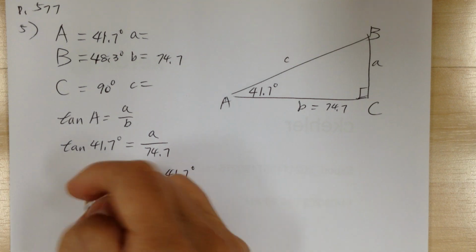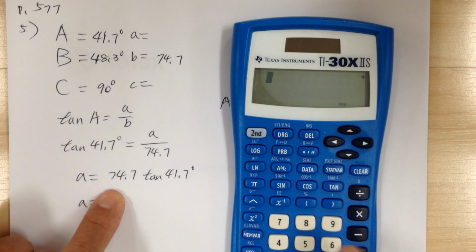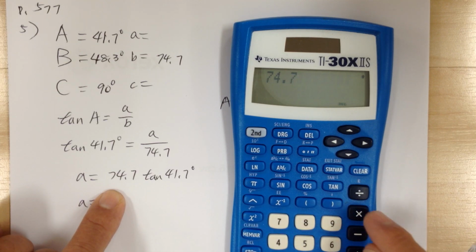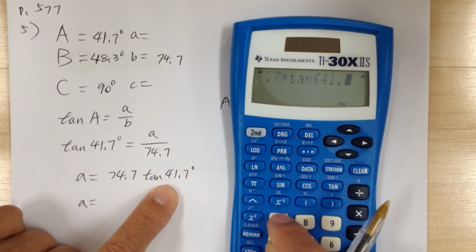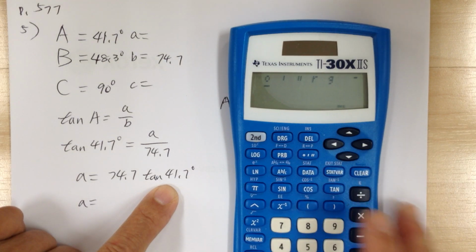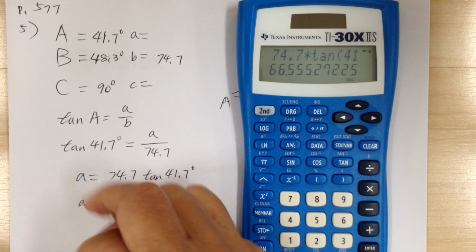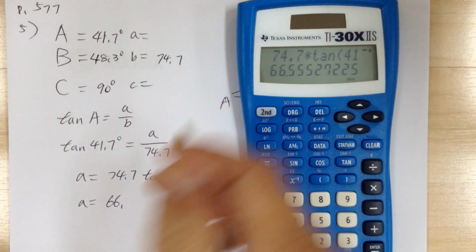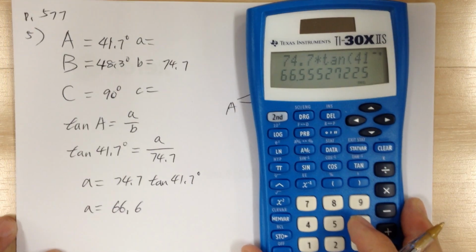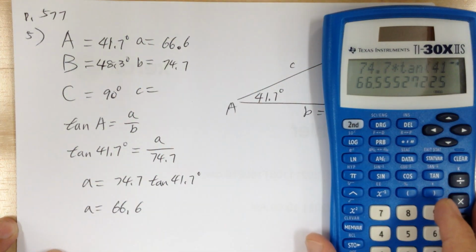Then get your calculator, enter 74.7 times tangent of 41.7 degrees, closing parentheses, equal, and you're going to get 66.55. You have to round it up, so it'd be 66.6.